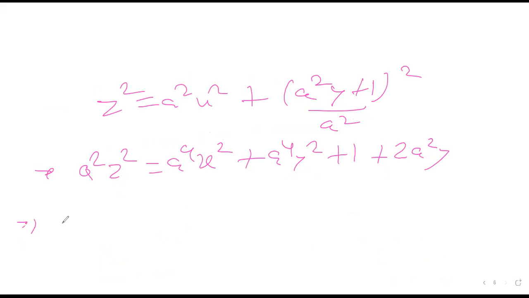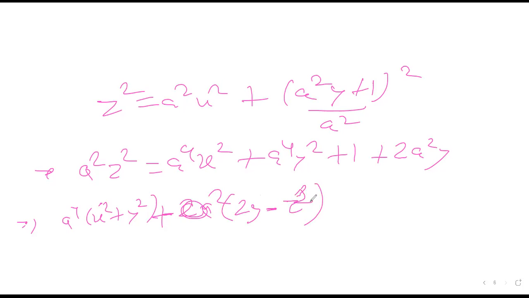It's a to the power 4 (x square plus y square) plus a square (2y minus z square) plus 1 equals 0. Sorry for the bad handwriting.